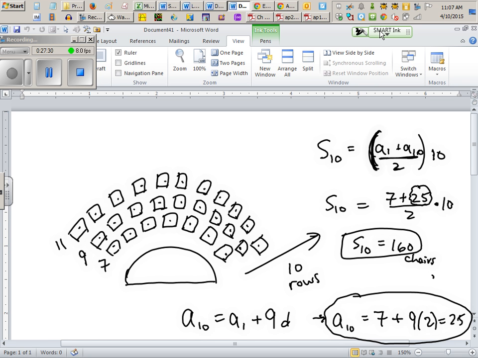Okay, what would make this problem a little bit harder is if the manager told the person, hey, you've got 163 chairs. Go put them together. If there's any leftovers, put them in my office. You'd have to really think about this. You're like, well, let's see, I don't think I'm going to use all 163 chairs.